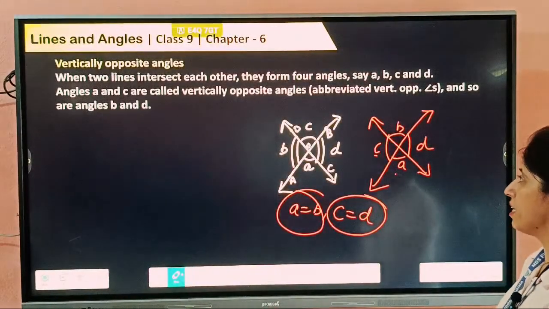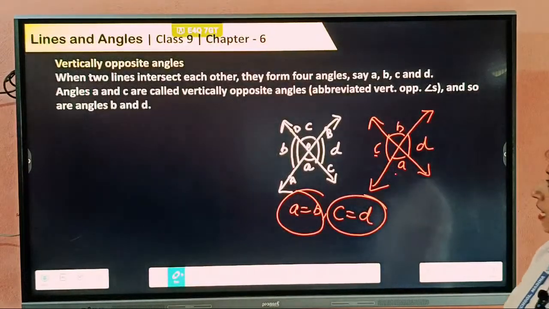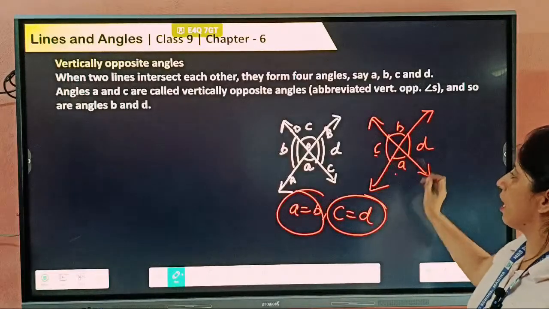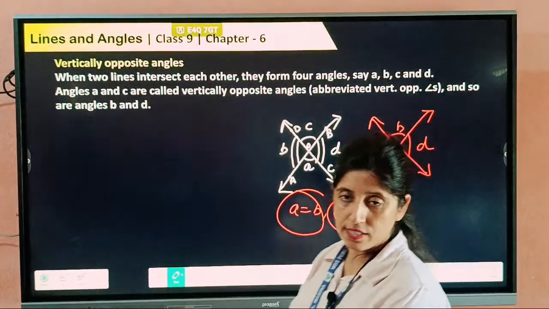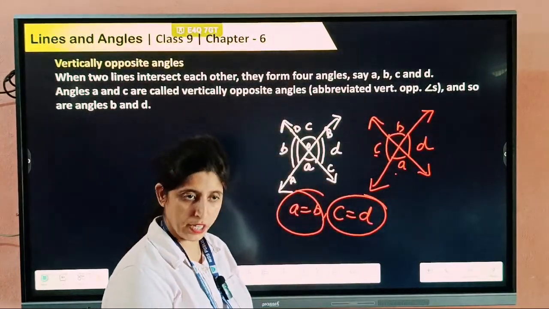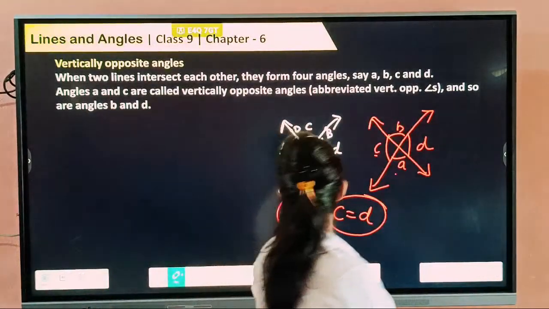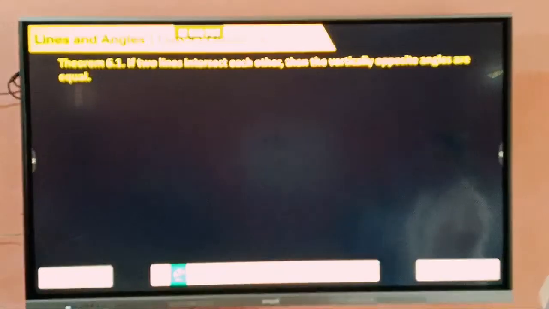So when two lines intersect each other, they form four angles. Then angles a and b are vertically opposite, c and d are vertically opposite angles, right? Understood by all? Okay, next I think one theorem is there that we will discuss after this.